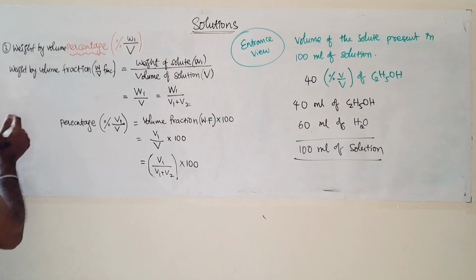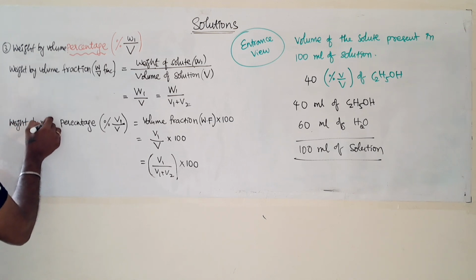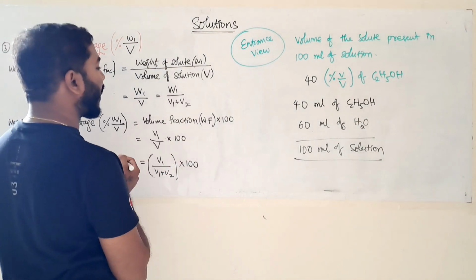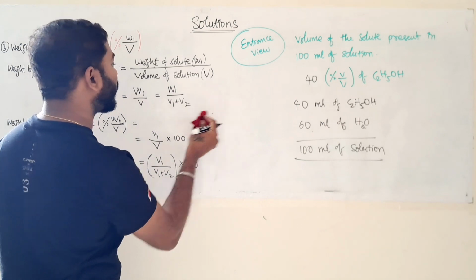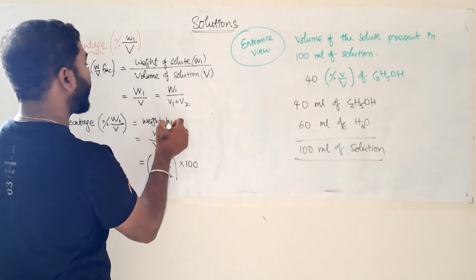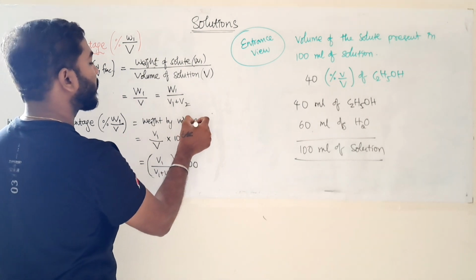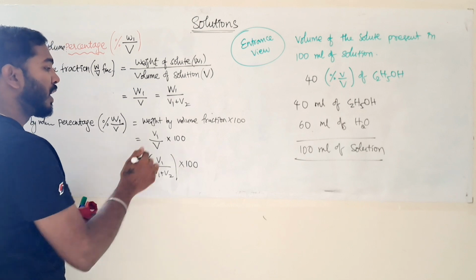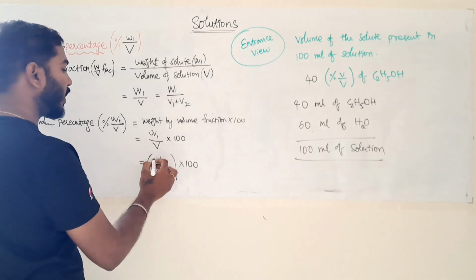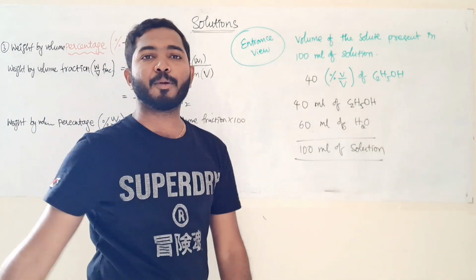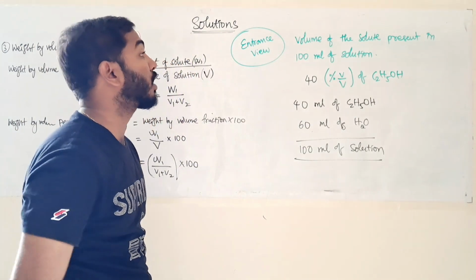Finally, weight by volume percentage can be written as weight by volume fraction into 100. So we can write W1 by V into 100, or W1 by V1 plus V2 into 100.